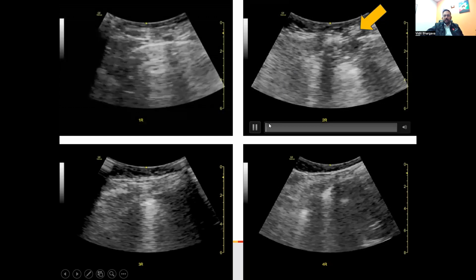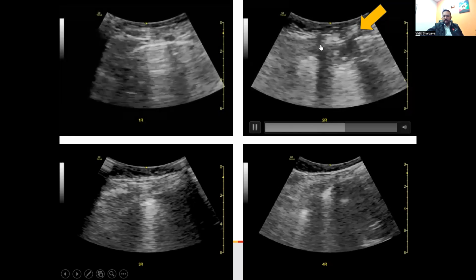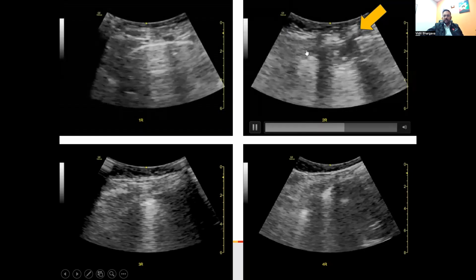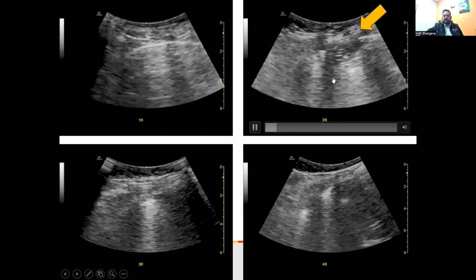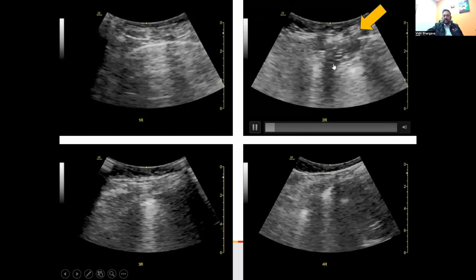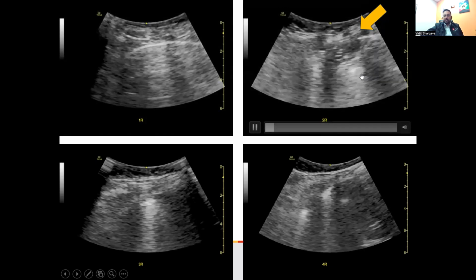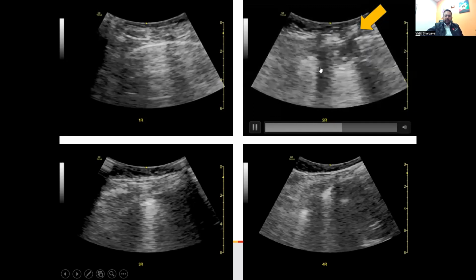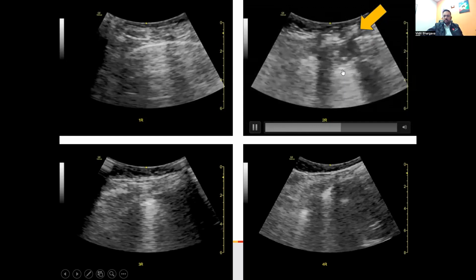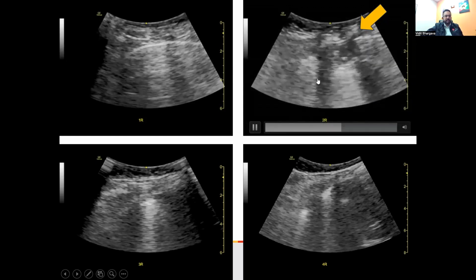In the second clip, this finding is much more pronounced, where you can see a pretty decent size subpleural consolidation with air bronchograms in the center. There are a bunch of confluent B lines that come from that. The edges look pretty sharp and ragged, which is sometimes what we describe as the shred sign.